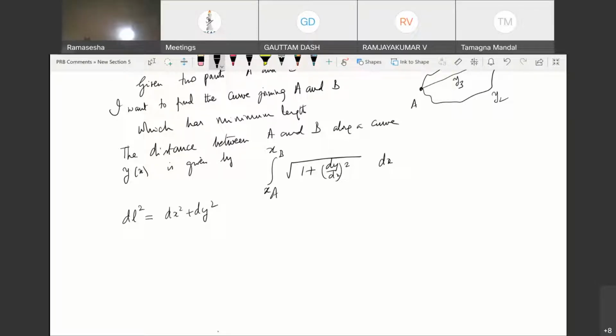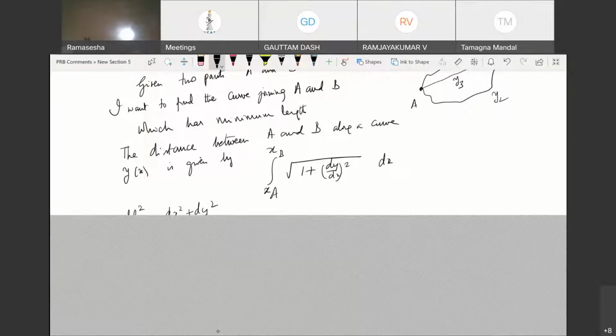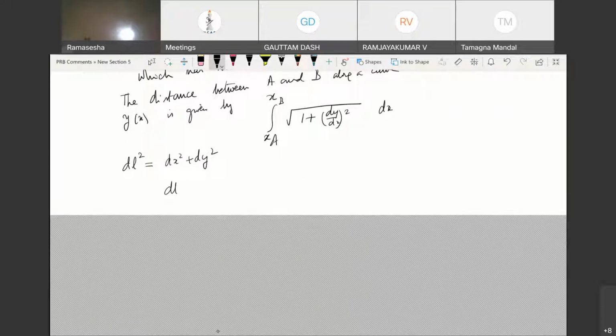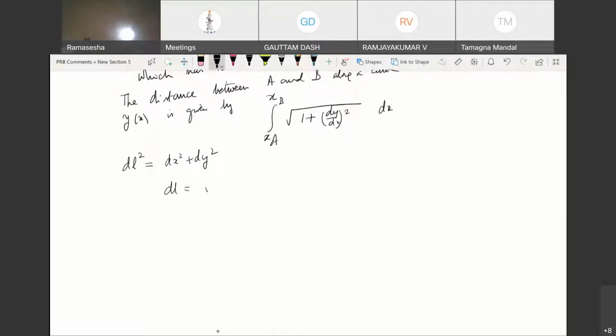So ds is equal to square root of dx squared plus dy squared, which is equal to square root of 1 plus dy squared by dx squared into dx, or root of 1 plus y prime squared dx.